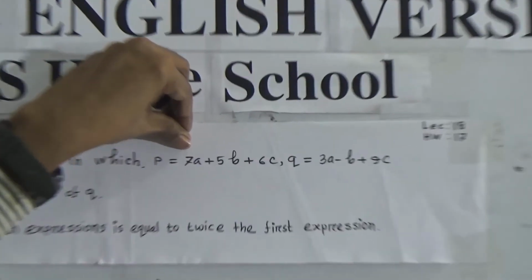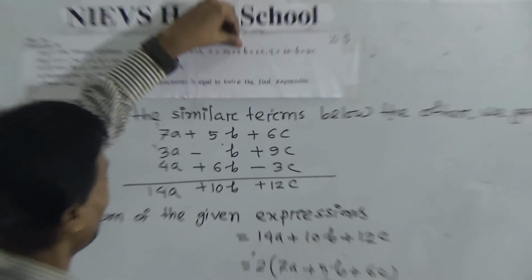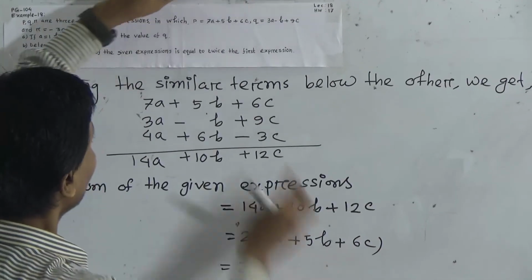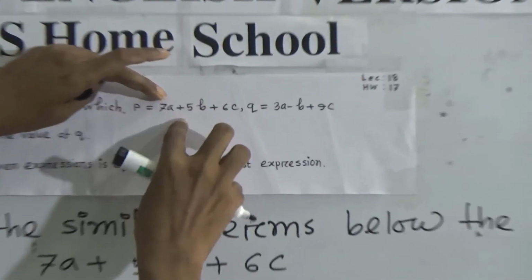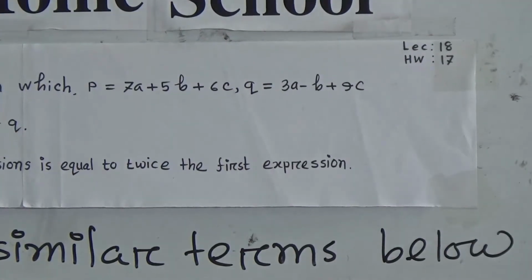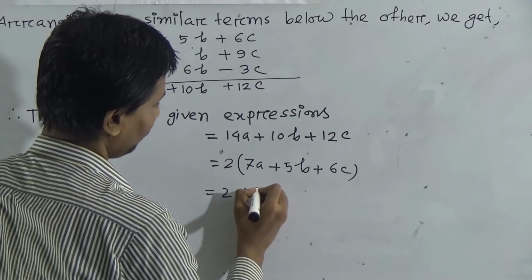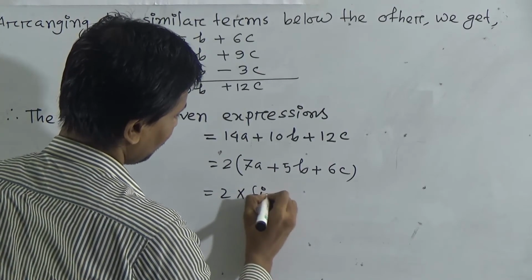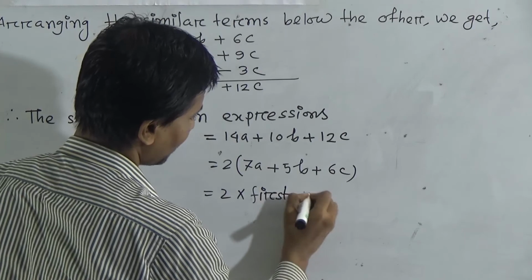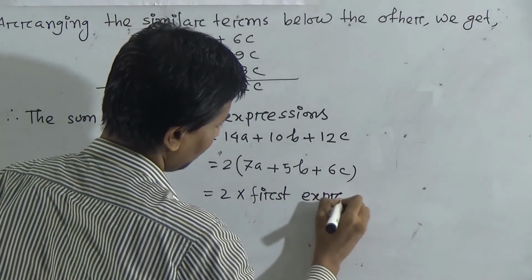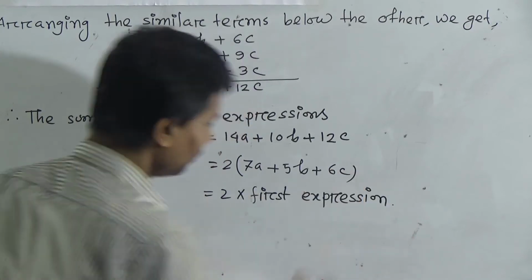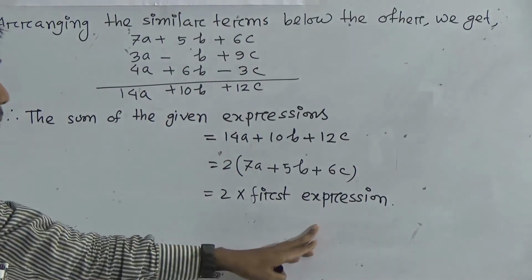P equal to 7a plus 5b plus 6c, and here is also 7a plus 5b plus 6c. That means the first expression and this expression are equal. So we can write this is equal to 2 into the first expression.